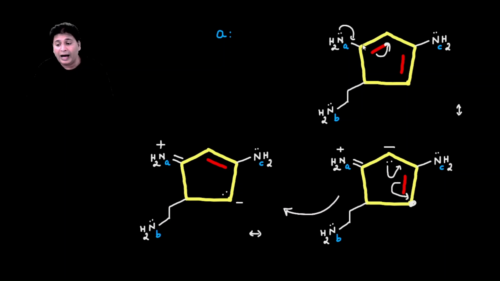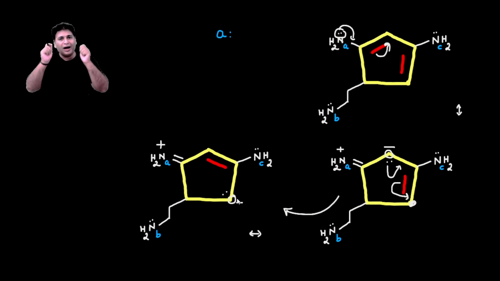Now you understand, earlier the lone pair was here, then it hopped to this carbon, and then it hopped to another carbon. So in 3 places it is spread. It is shared between 3 atoms, nitrogen and the 2 carbons.